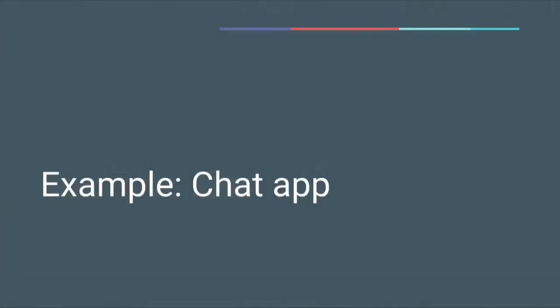OK, so let's put together all of the principles that we've just talked about and see what it'll be like to make standalone apps in Wear 2.0. We'll start with a chat app. For this example, I'll assume that you've already got an existing Android phone app. You are at production quality, you're public, and you have a fairly big user base.